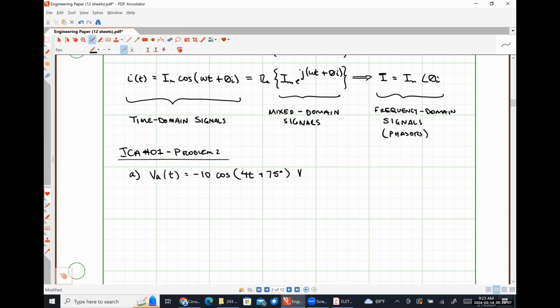So we can either add or subtract 180 degrees from our phase angle. Okay, so that is a simple trig identity. I'm going to go ahead and write that down because I will expect you all to remember that one.